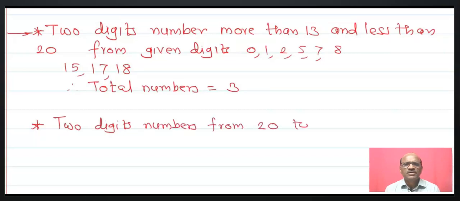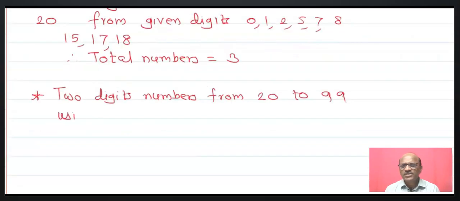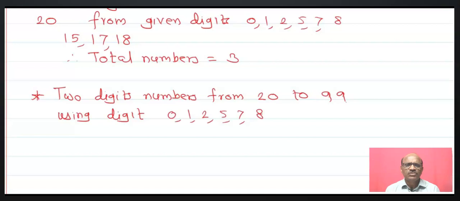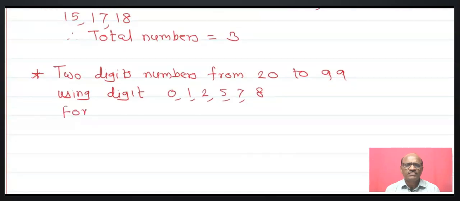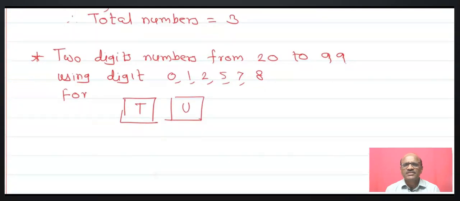The two digit numbers from 20 to 99, these two numbers are included. Now in this case, using the digits 0, 1, 2, 5, 7, 8. Now again here the 10th place and the unit place.